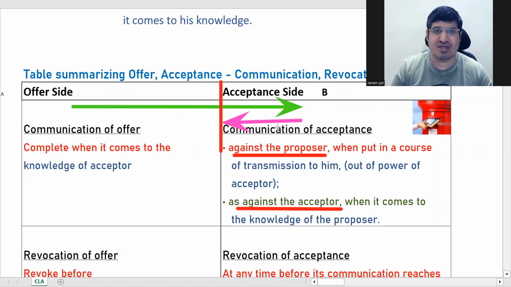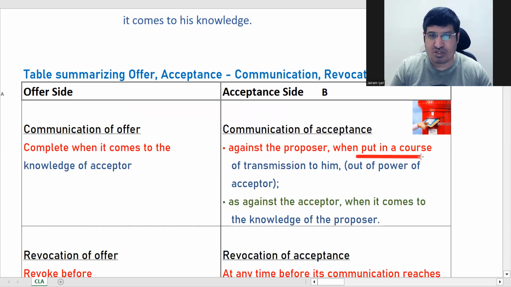At this point it is complete as against the offerer, because the offerer has given an offer, this person has accepted and posted it. It is out of his power, so from this point of time he has no power to revoke it. So this will be as against the proposer.